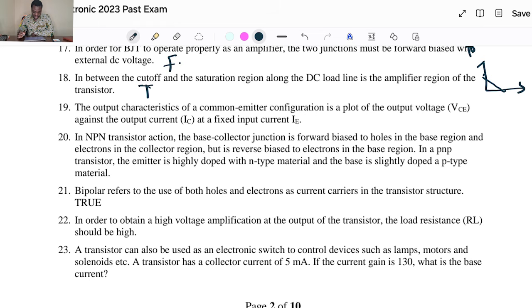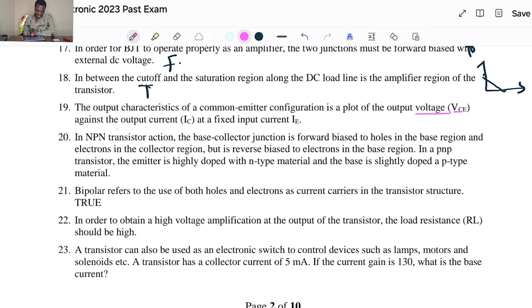Now, let's look at question 19. The output characteristics of a common emitter configuration is a plot of what? Output voltage against output current at a fixed input current. So here you can see we are being told that we are having a plot of voltage, right?